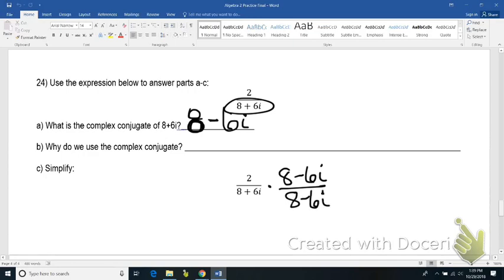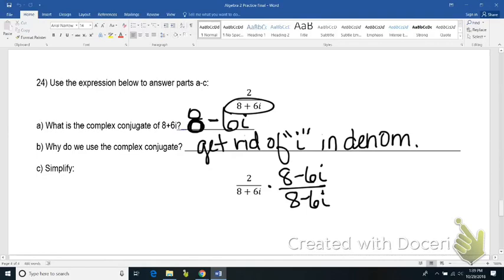And then for B, where it says, why do we use the complex conjugate? Well, the whole point of multiplying by 8 minus 6i is so what disappears? Yeah, so that the i in the denominator goes away. I'm going to just say get rid of i in denominator.